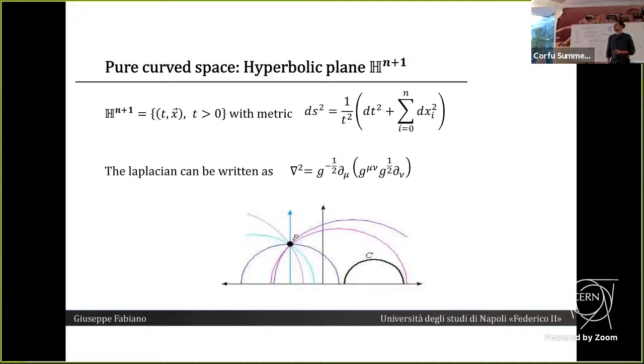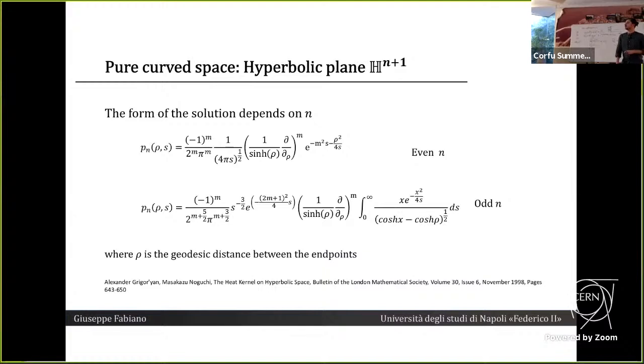And the reason is that when we try to solve the diffusion equation for the hyperbolic plane, we get some solutions that depend basically on n and also on the geodesic distance that here I have indicated with rho. So rho is the geodesic distance between the endpoints.